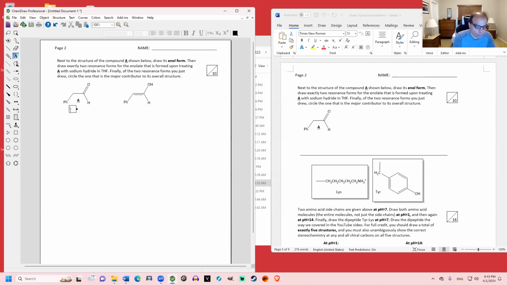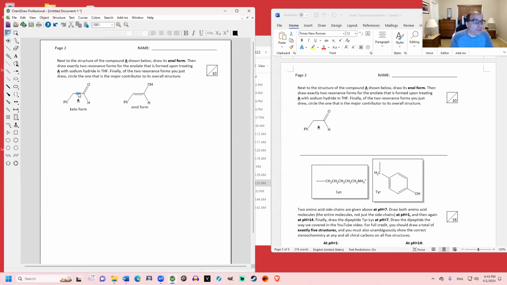So this is the keto form, and this is the enol form. The question doesn't say to write that. I'm just doing that for teaching purposes. So that's how you write the enol.